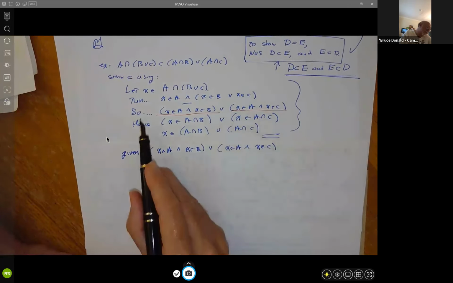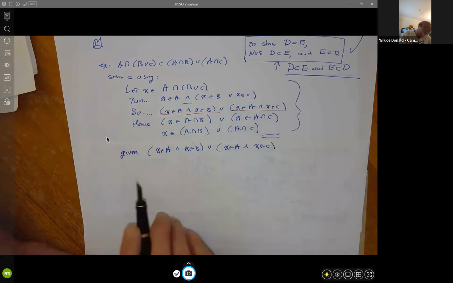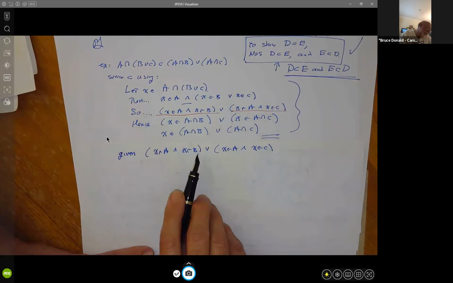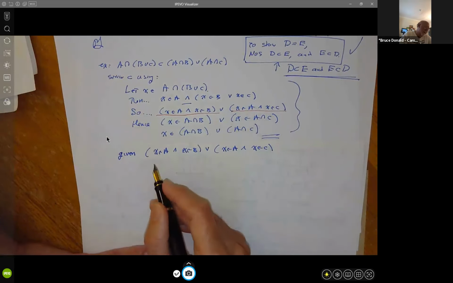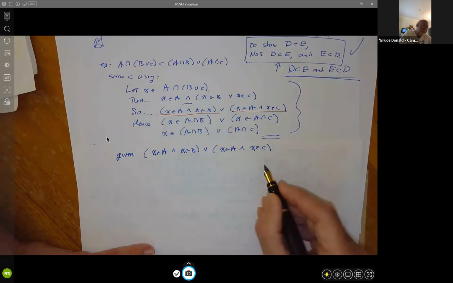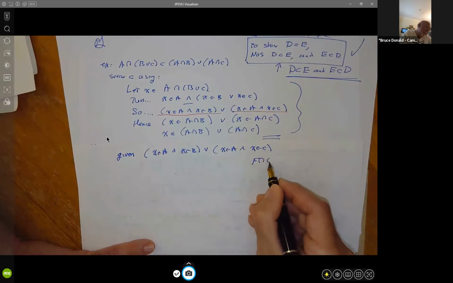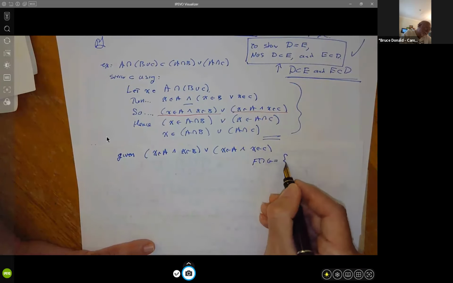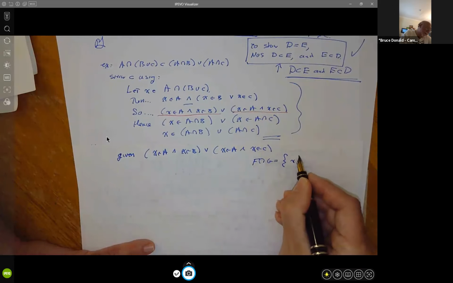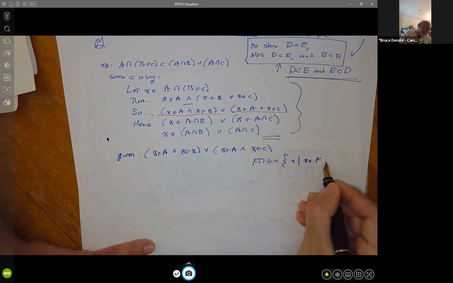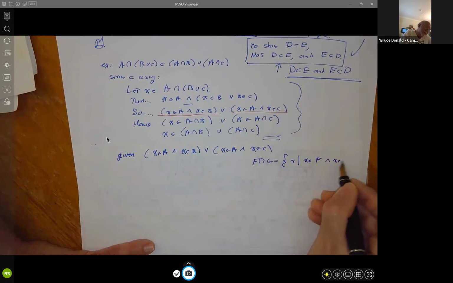So when I go from the so to after the hence, this is a characterization of an intersection. So let's just do it with a generic variable. The intersection of two sets, say F intersect G, is equal to all points X such that X is in F and X is in G.